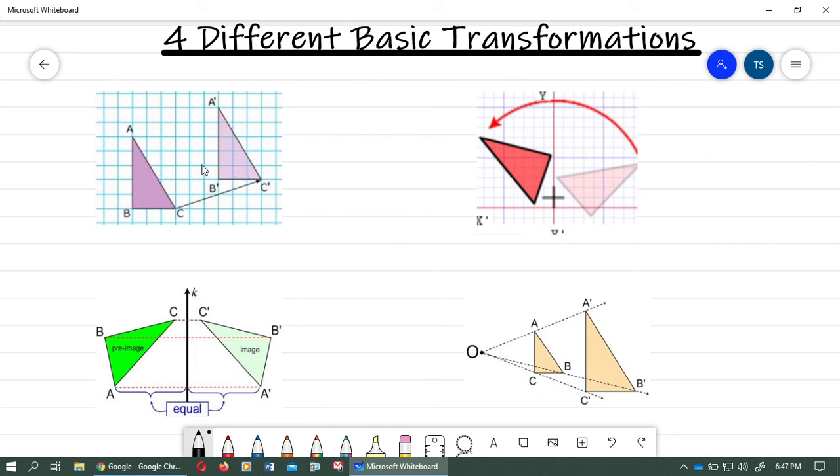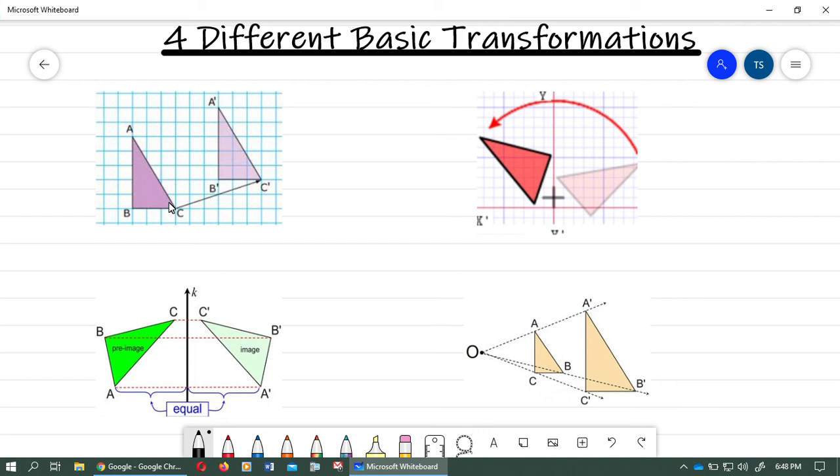So some of you might be looking at these and thinking, oh, these look sort of familiar. If you are looking at the picture with the purple triangles, you're probably saying it looks like this darker purple triangle is being slid or moved up and to the right. Some of you might have referred to that as sliding.